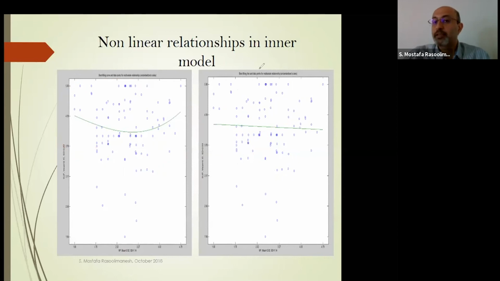Right? But it's not common in different studies. Most social science disciplines apply linear relationship. But actually, in reality, most relationships are non-linear. We don't have linear relationships, right? So we simplified relationships to linear.